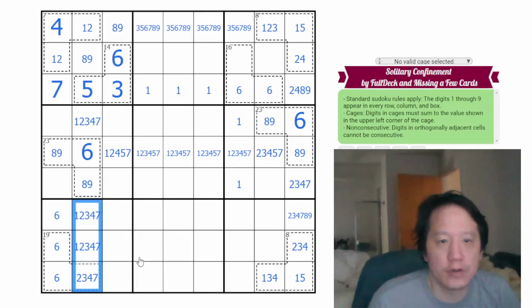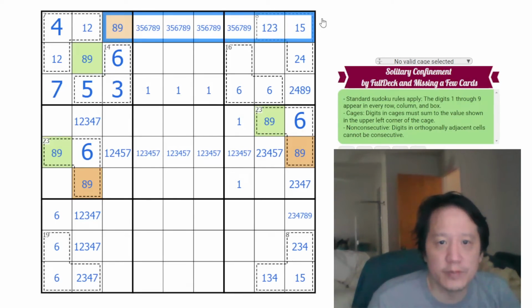Interesting. Okay. One thing we know is that one has to be different from that. So this is the orange one. This is the green one. So this is the orange one.